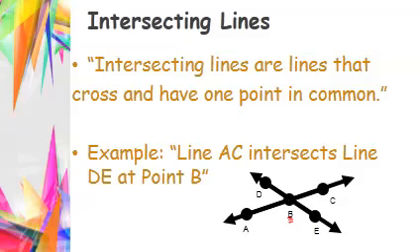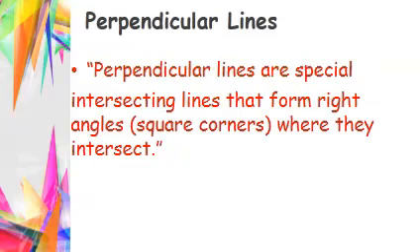Now, what's the meaning of perpendicular lines? Perpendicular lines are actually intersecting lines, but they are special. Why are they special? Because they form a right angle or a square corner where they intersect.